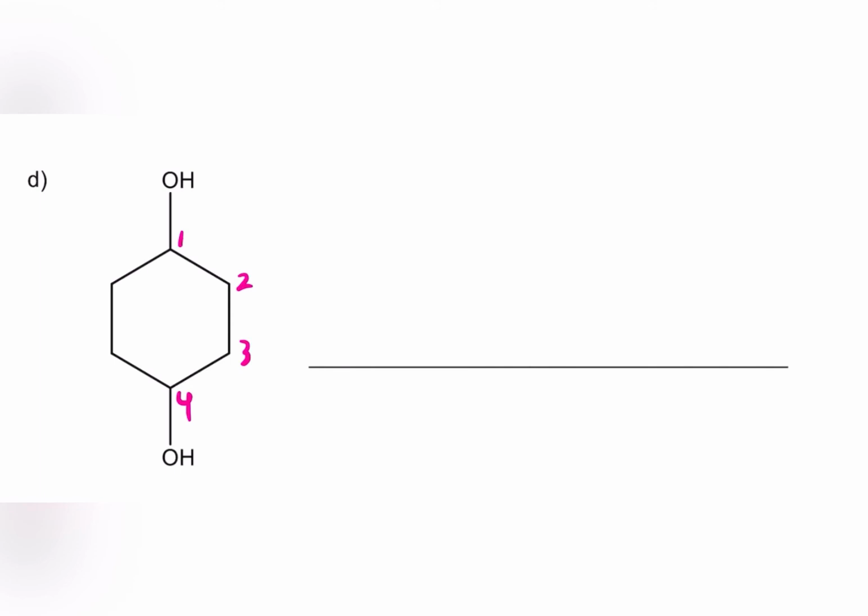So indicate the position of the OH group attached to the carbon in the ring. So it will be at position carbon number 1 and 4. And the name for this alkane is cycloalkane with 6 carbon atoms, so cyclohexane. And you've got 2 OH groups attached to the ring, so you have to put diol at the end. So this is the name for structure D.